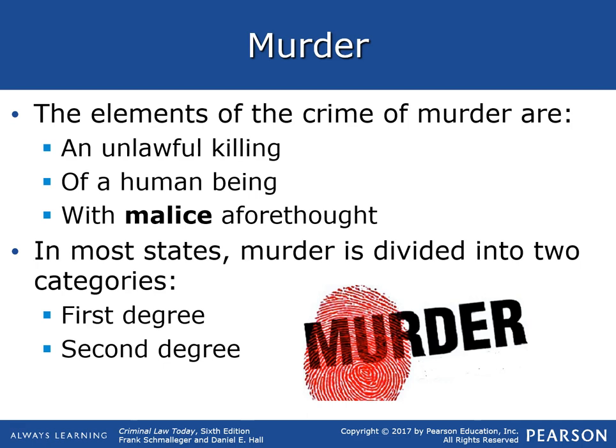And the elements of murder are the unlawful killing of a human being with malice aforethought. And remember, we talked about what malice aforethought was, and we talked about what premeditation was. And if you remember, premeditation is the act of deliberating or meditating on, or planning a course of action, such as a crime.